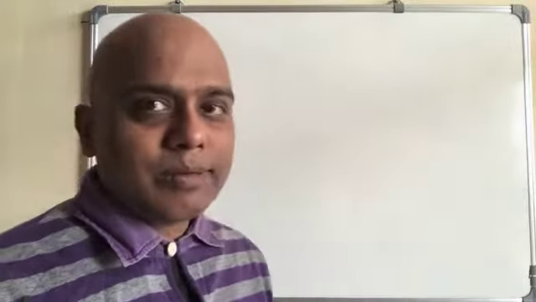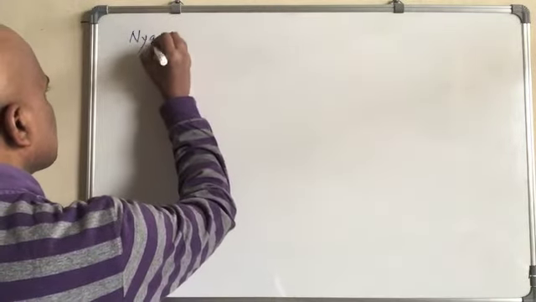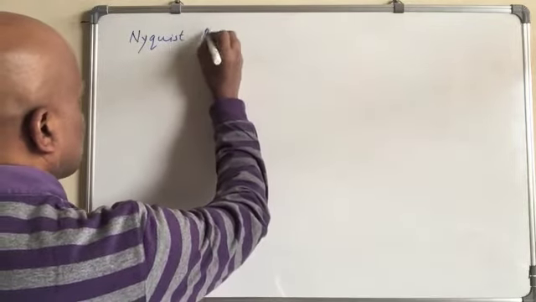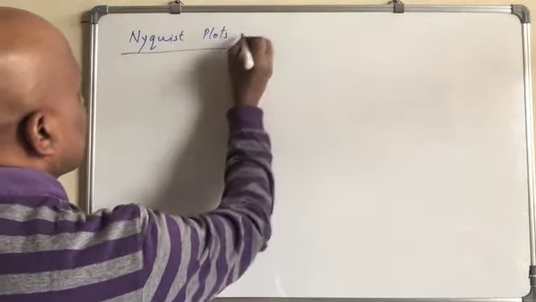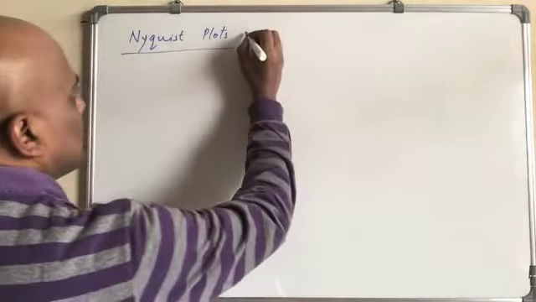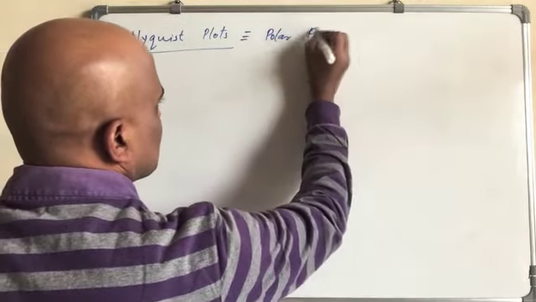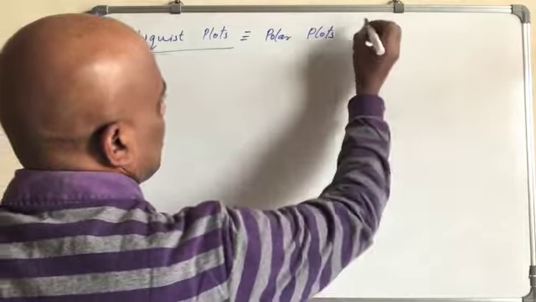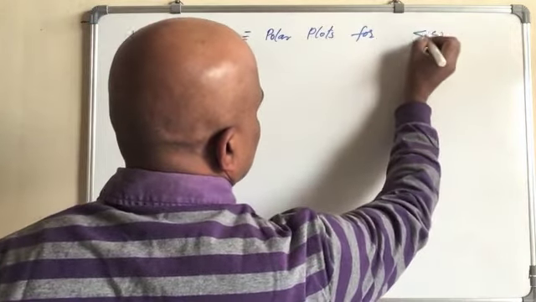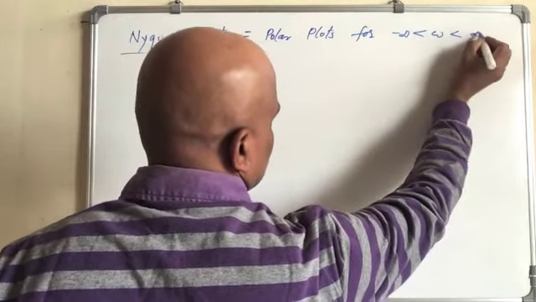Next is what is called Nyquist plots. So Nyquist plots are basically the polar plots only, polar plots for omega from minus infinity to infinity.